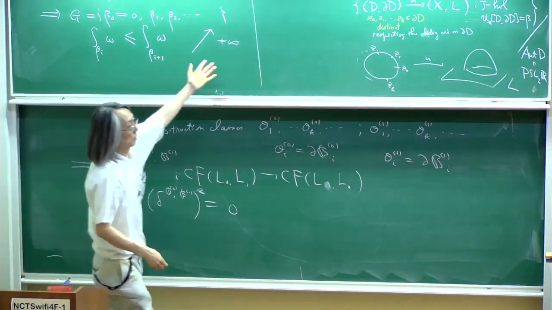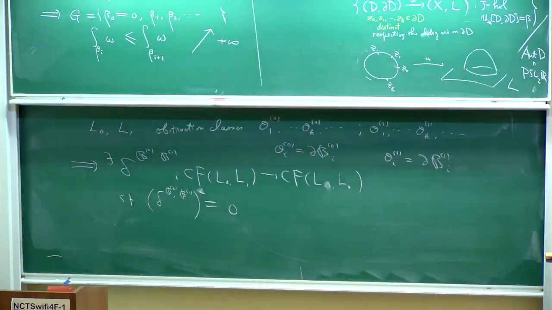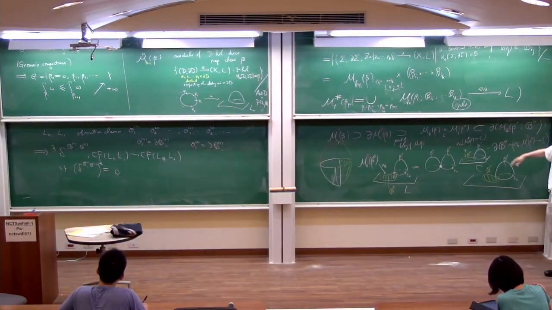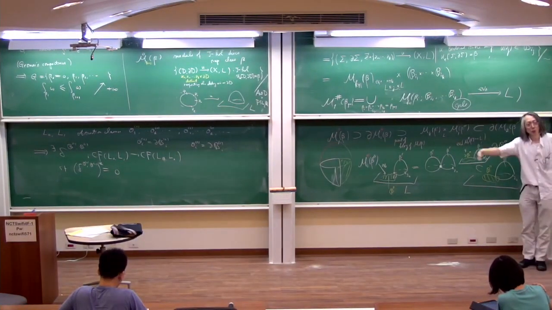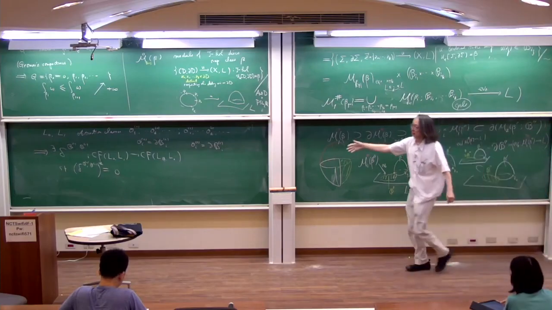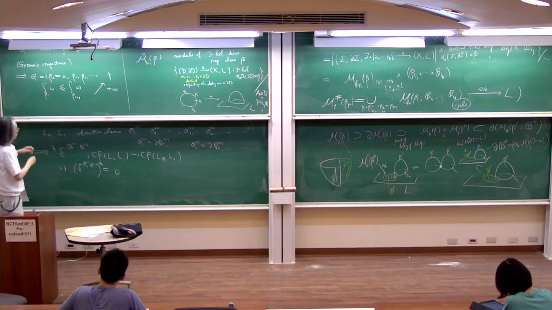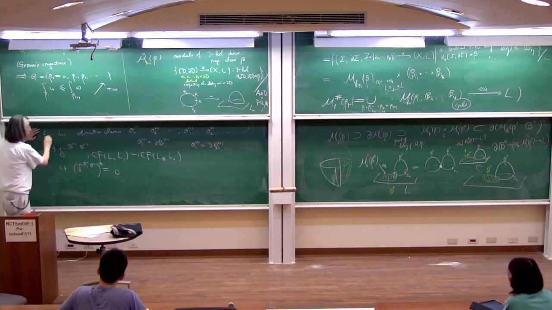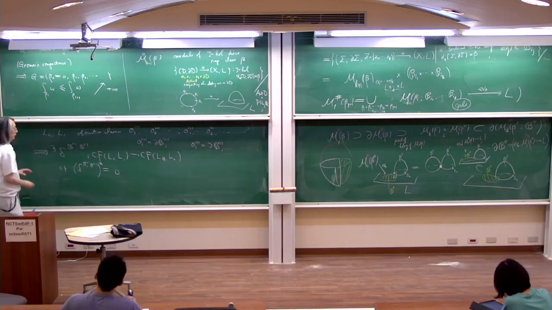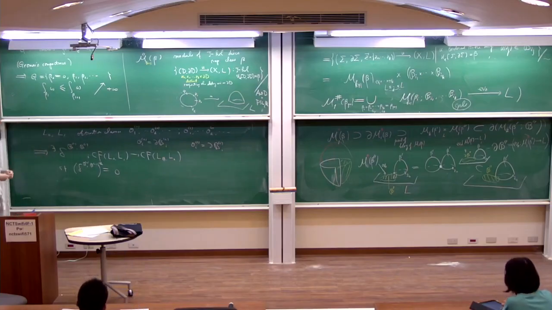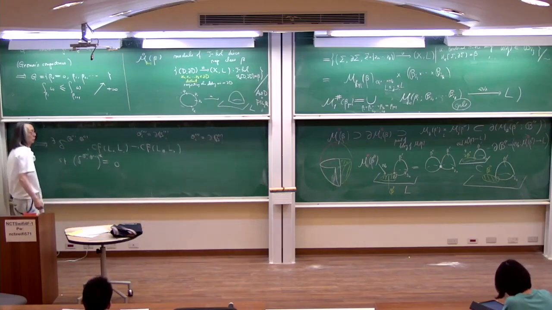So what I said is somehow the following. We can define this OK inductively. Let's suppose that you can define all the observation classes and also all of them are null homologous. And then pick those data for both sides of the Lagrangian manifolds, I mean L0 and L1. And then using this data, somehow you can rectify the boundary operator of the Floer differential so that this is really a boundary operator.